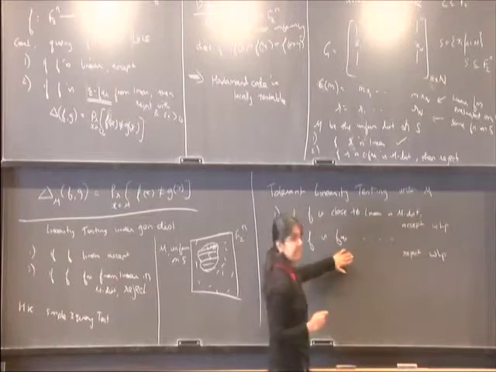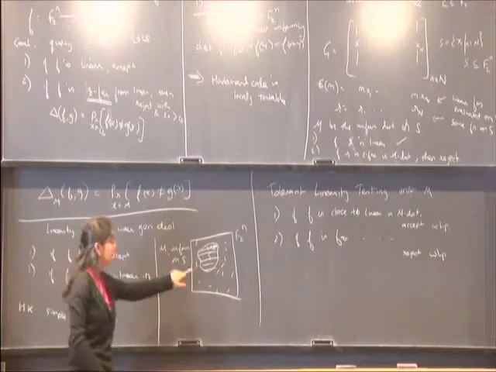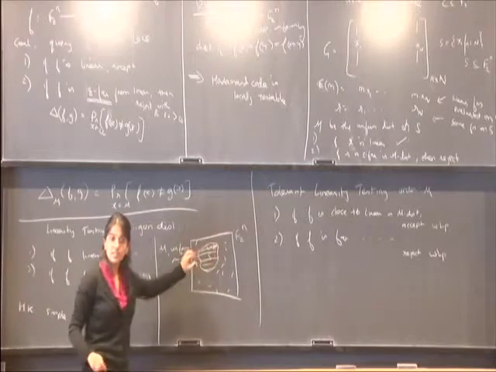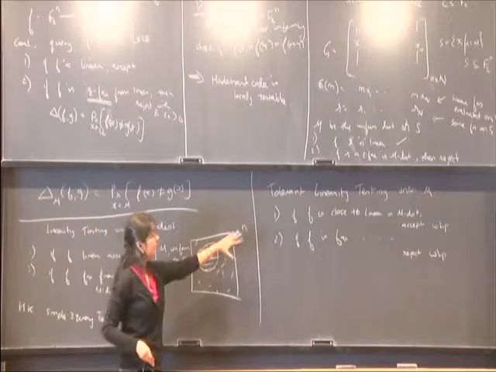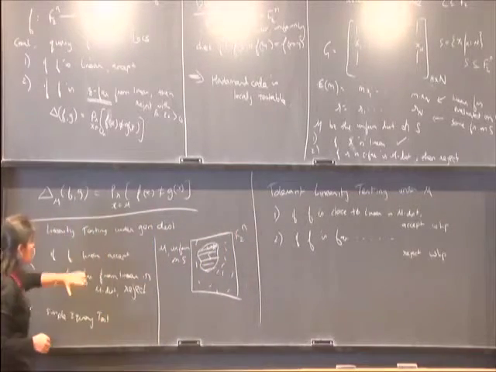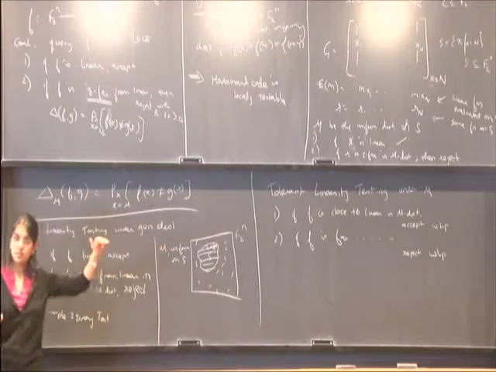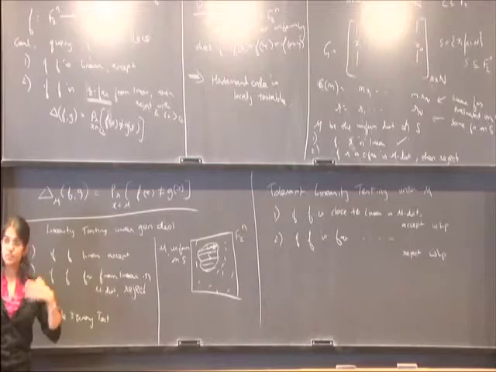This is a much nicer definition, and if this is the definition you're asking for, you'll never end up rejecting such functions. These functions will be accepted. And the BLR test in fact works. The BLR tester is in fact a tolerant linearity tester, because if the function is very, very close to linear, it does end up accepting the function.